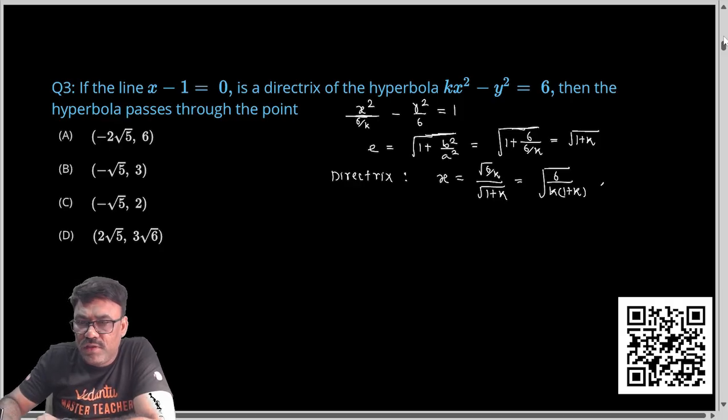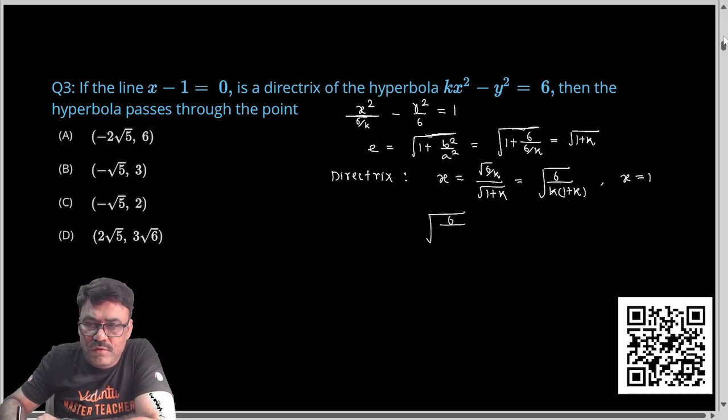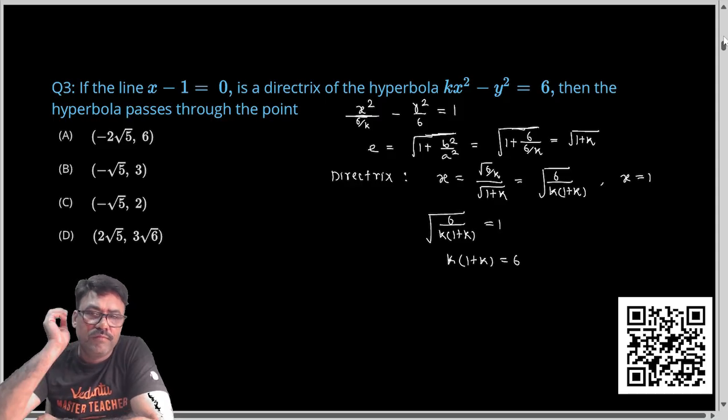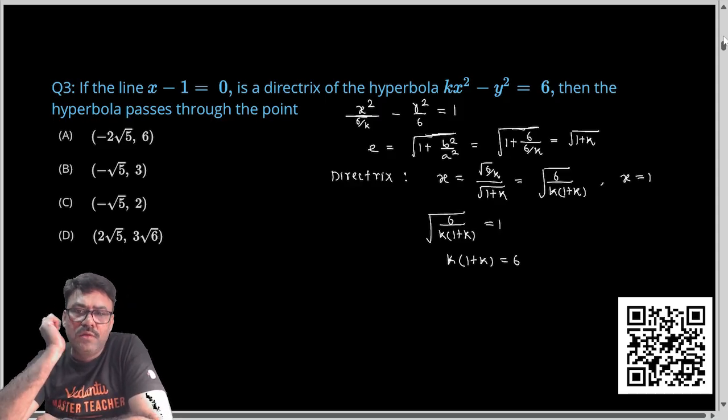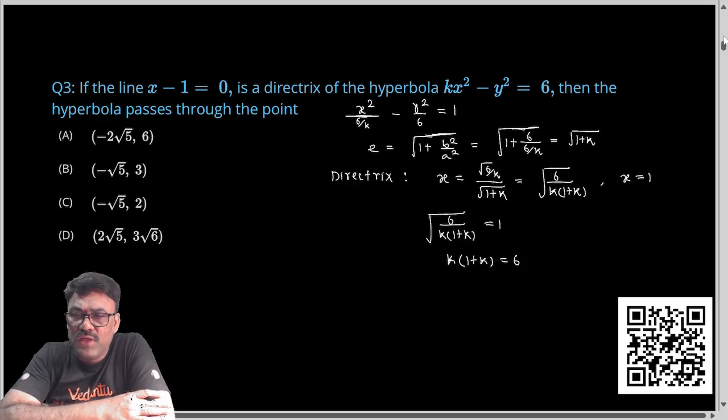So that means under root 6 over k into 1 plus k should be 1. Now this gives you k into 1 plus k is equal to 6.